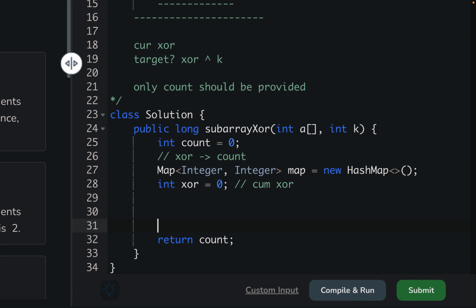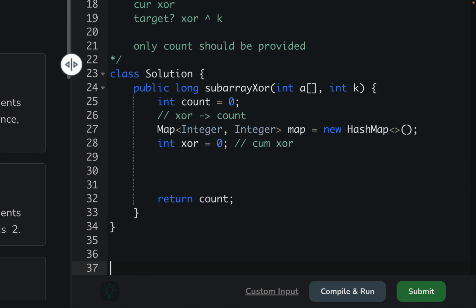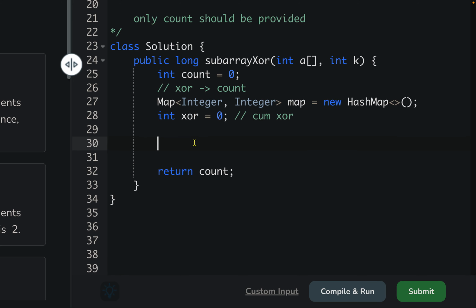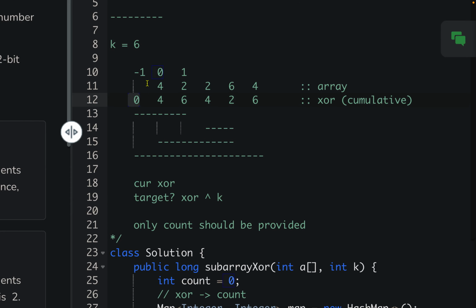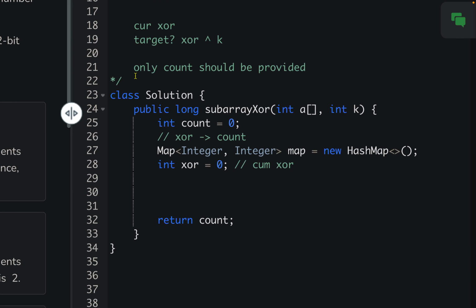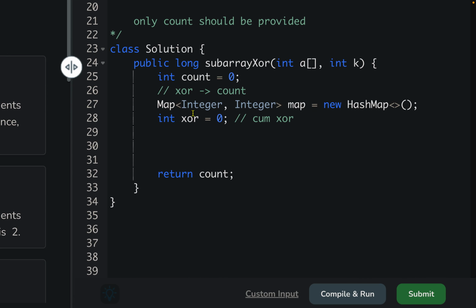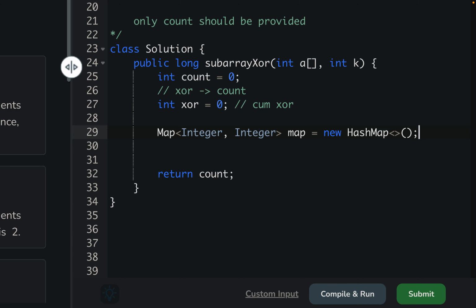And now it begins where we want to iterate one by one over each element, but before that we have stored 0 as an initial point before jumping into the array. So let's do here as well. So map.put 0, and it's occurring one time.